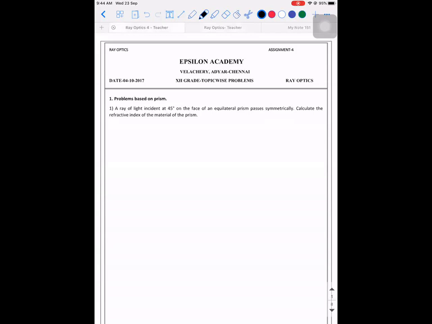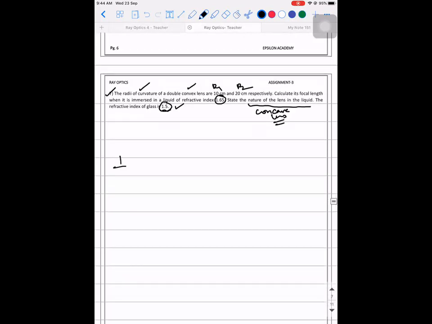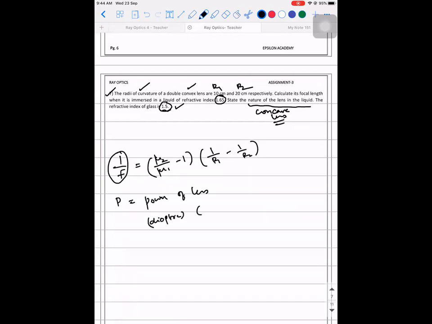Before we see prism, I just want to add one last point to this lens maker's formula. We are seeing 1 by f is equal to mu2 by mu1 minus 1 into 1 divided by r1 minus 1 divided by r2. In your 10th grade, you would have learned what this 1 by f is. Yes, the reciprocal of the focal length is called the power, which is measured in diopter.